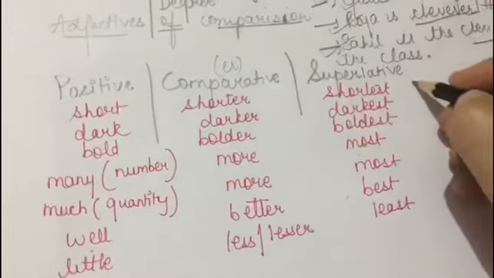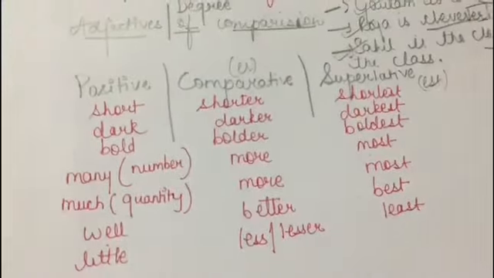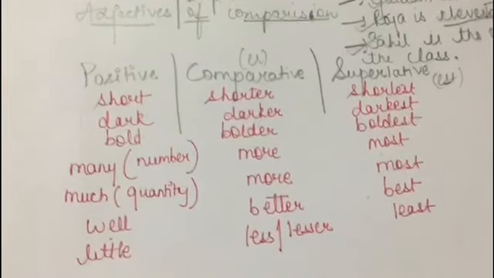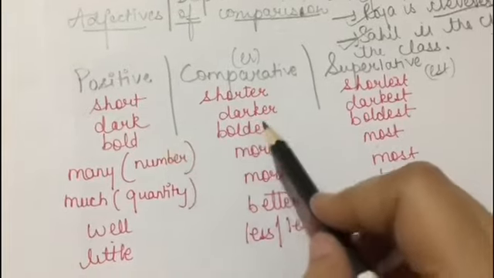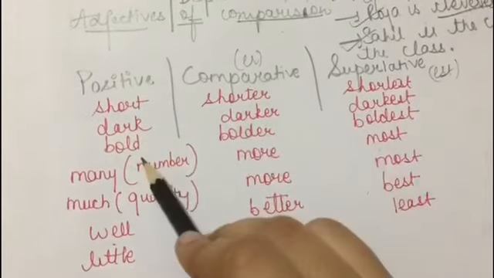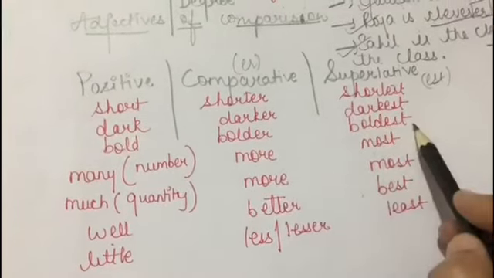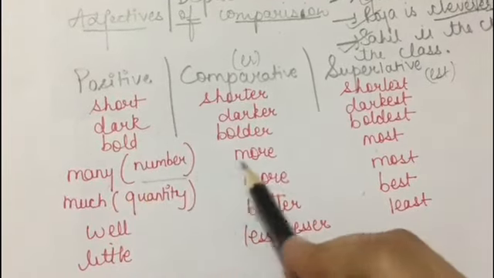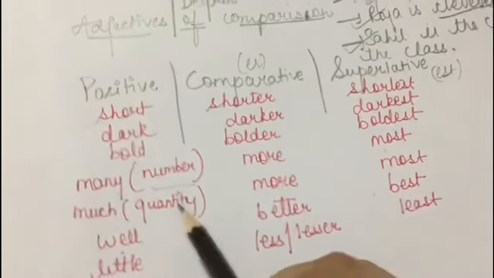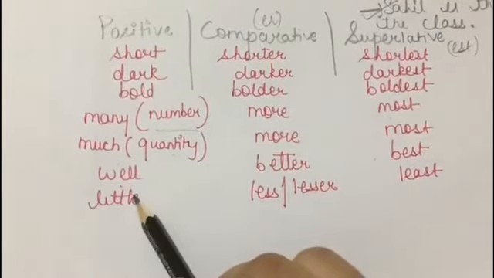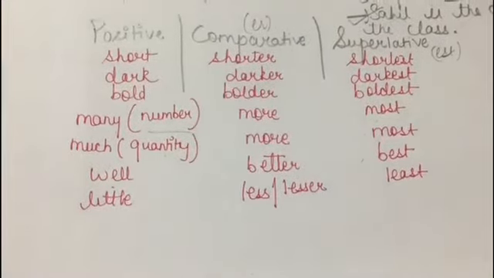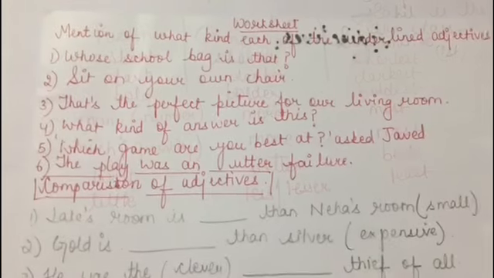Just look at these examples and it will be more clear. Short, shorter, shortest. Dark, darker, darkest. Bold, bolder, boldest. Many in number: more, most. Much in quantity: more, most. Well, better, best. Little, less.